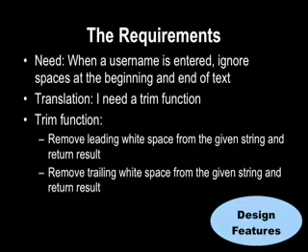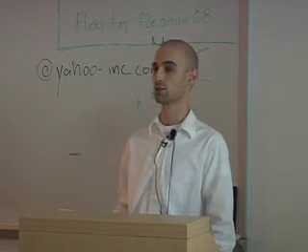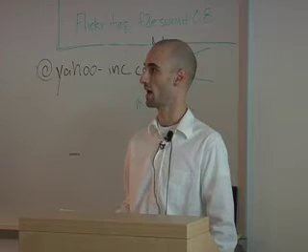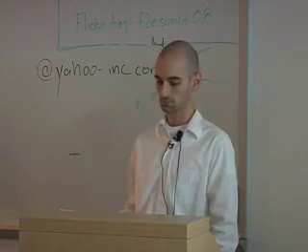So you stop and think about it and you say, okay, what does a trim function do? Well, it removes leading white space. Right, so if there's white space at the beginning, we should remove that, and then we should return the result. If there's trailing white space, then we should remove that and return the result. Okay, so now we have a pretty good definition of what it is that we want to build next.